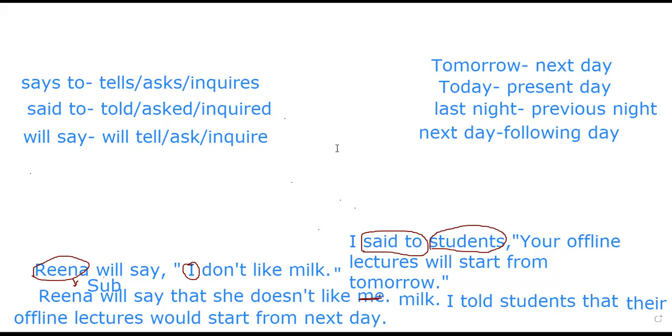Now when you are talking about all these things, you also need to know so many other things. When the reporting verb is in past tense, this is how the change of tense takes place.